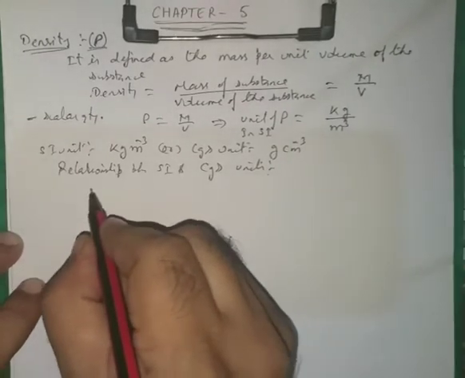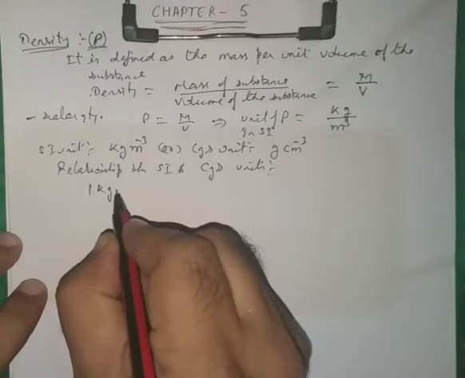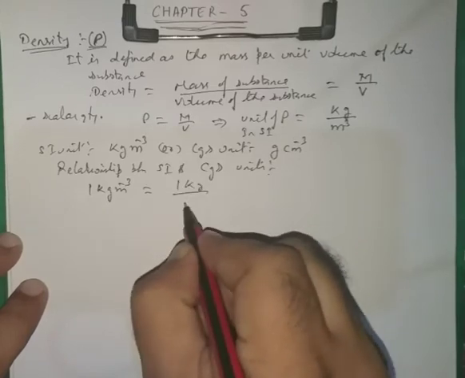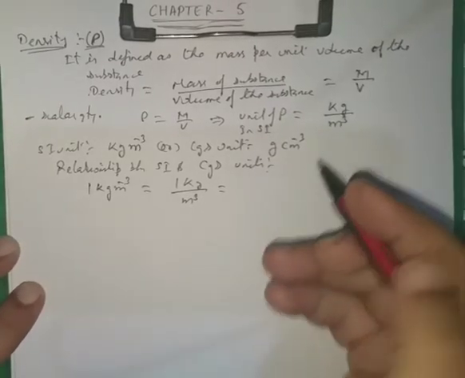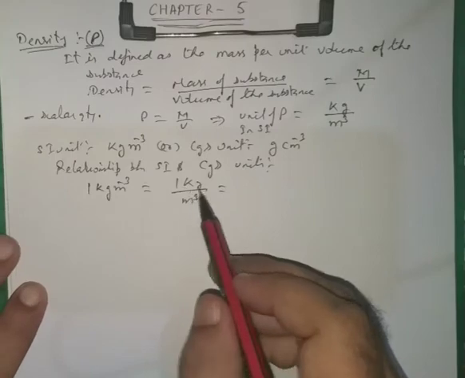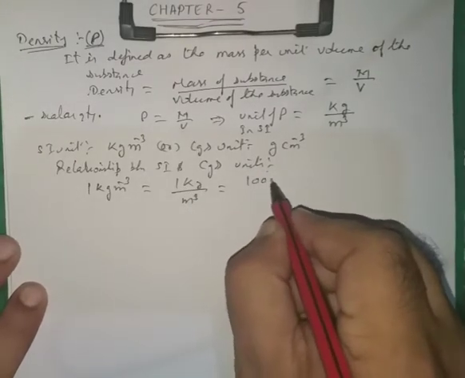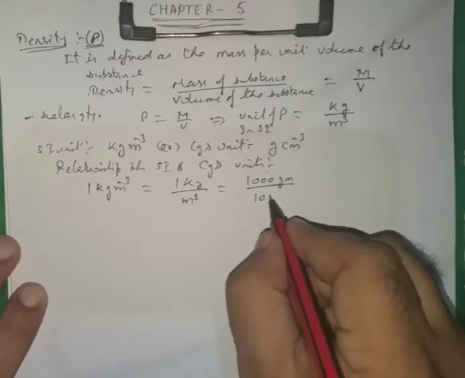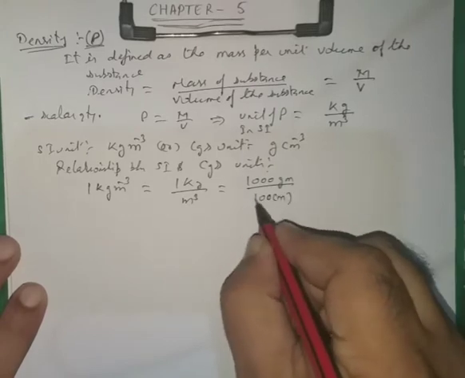Let us say that I am talking about SI units, so that is 1 kg per meter cube. To convert this into the CGS system, I know that 1 kg contains 1000 grams and 1 meter is equal to 100 centimeter. So it will be cube here.